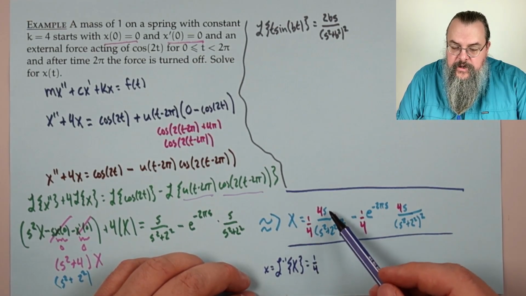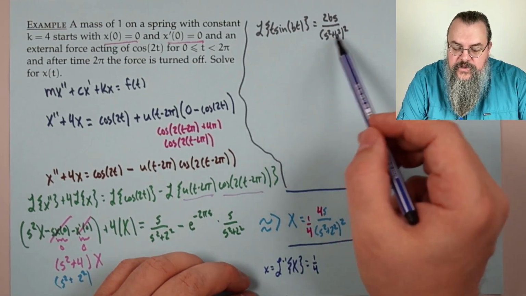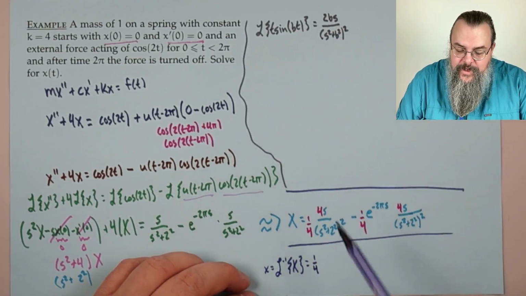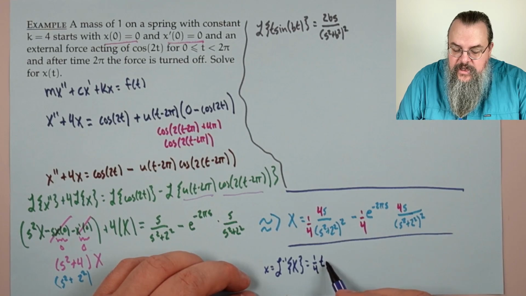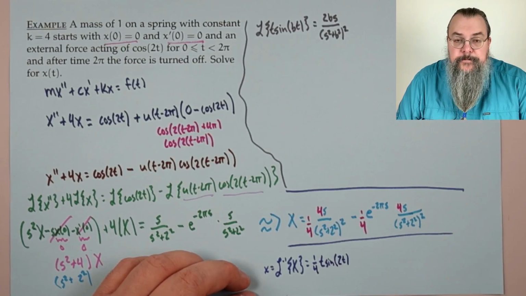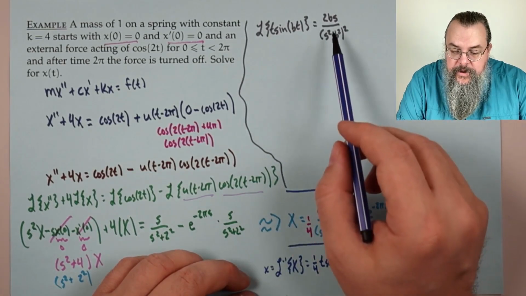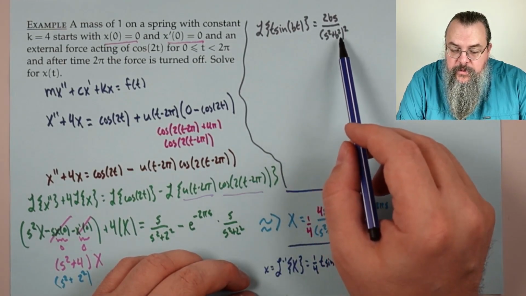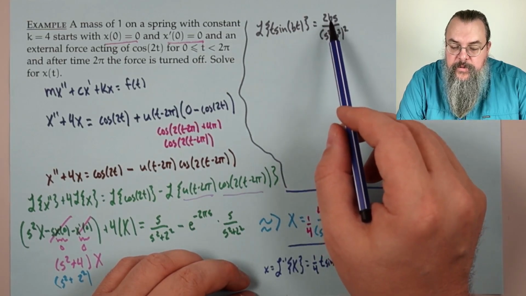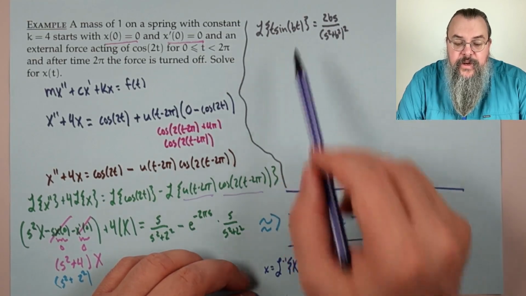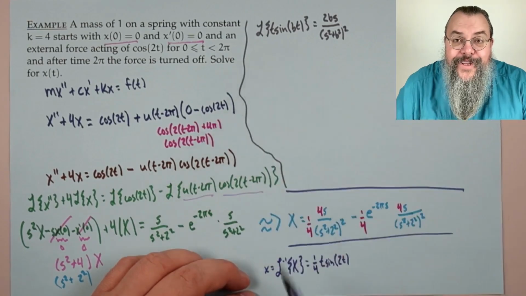Now here we were just right, so this becomes t sine of 2t. Now we have s squared plus 2 squared squared, 2 times 2 times s, so that's t sine 2t.